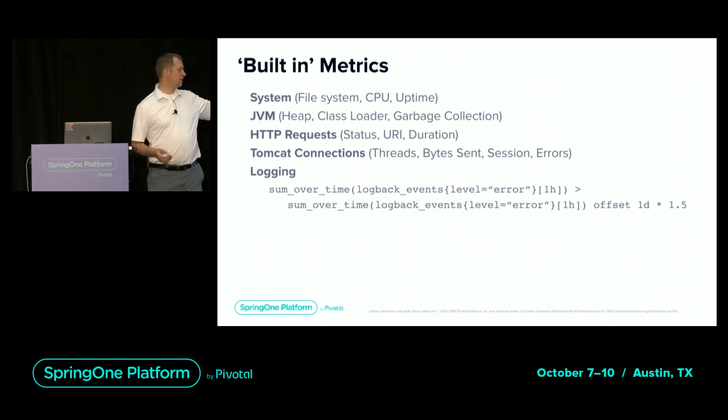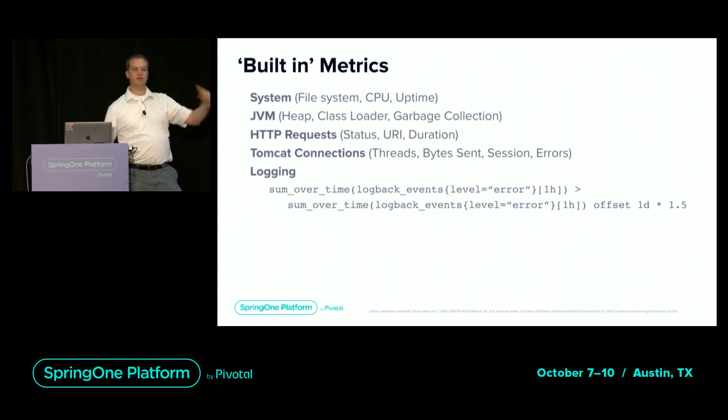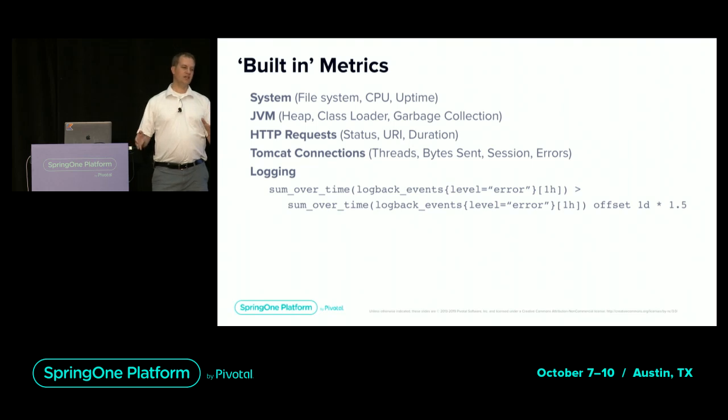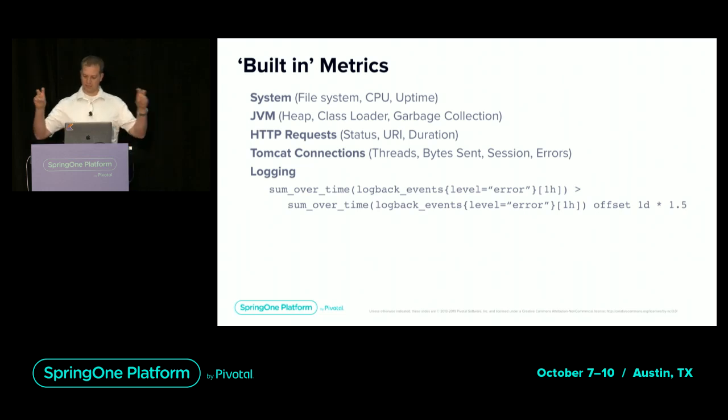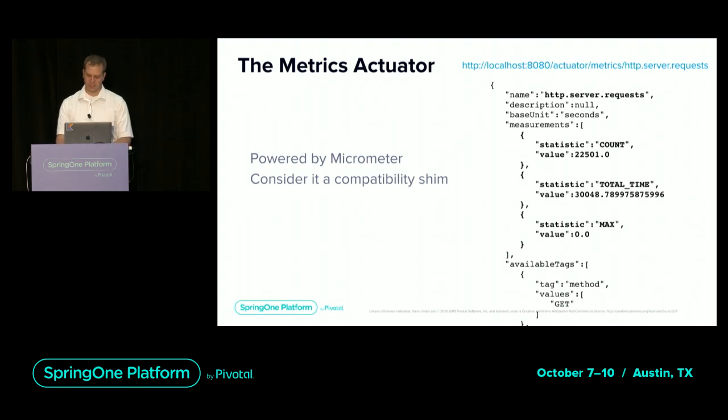This is an example of it saying, give me the total count of errors in the last hour, and then give me that same count offset by 1 day. So the same amount of log message errors that I had a day ago, am I more than 1.5 times above that? And then you can start alerting on it. So you get some very powerful machine learning, if you will. Obviously, I'm joking there.